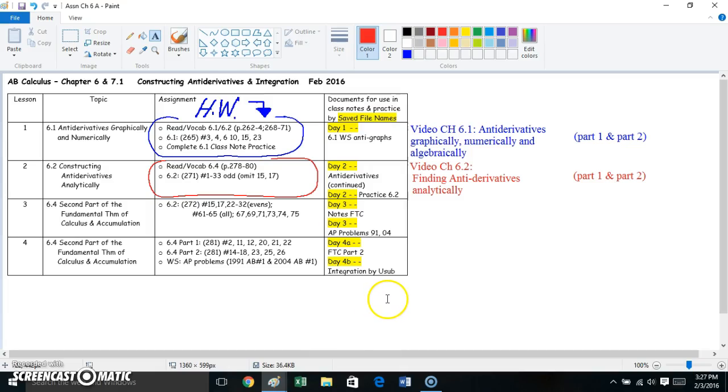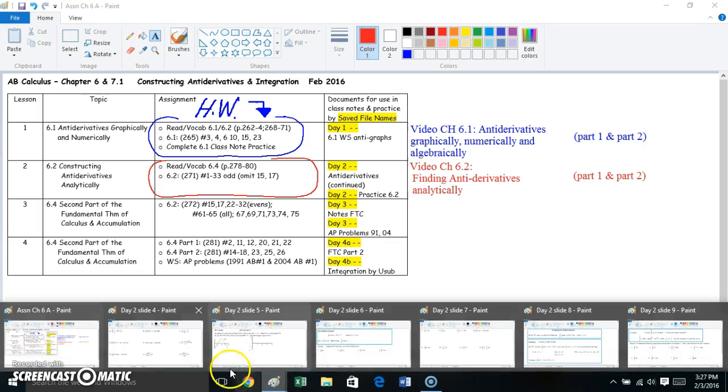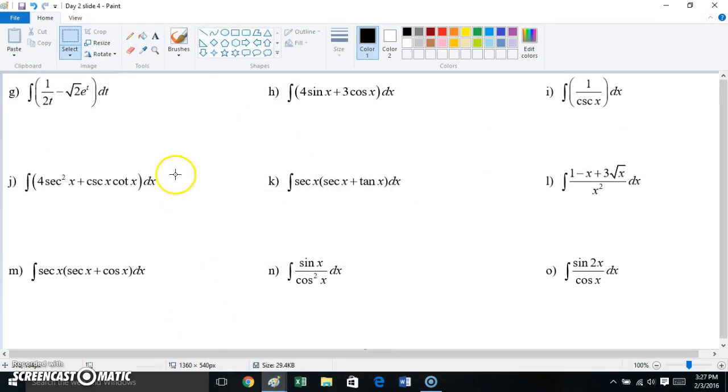In this video, part 2 of chapter 6.2, Finding Antiderivatives Analytically, we're going to continue with our examples. So example G, we have 1 over 2t minus the square root of 2 times e to the t. All right, this 1/2 is just a coefficient of 1 over t.